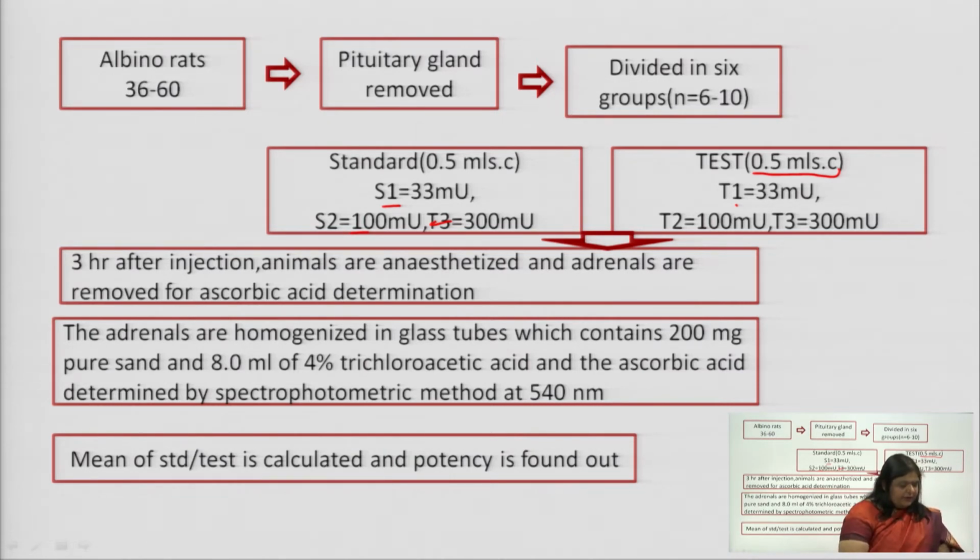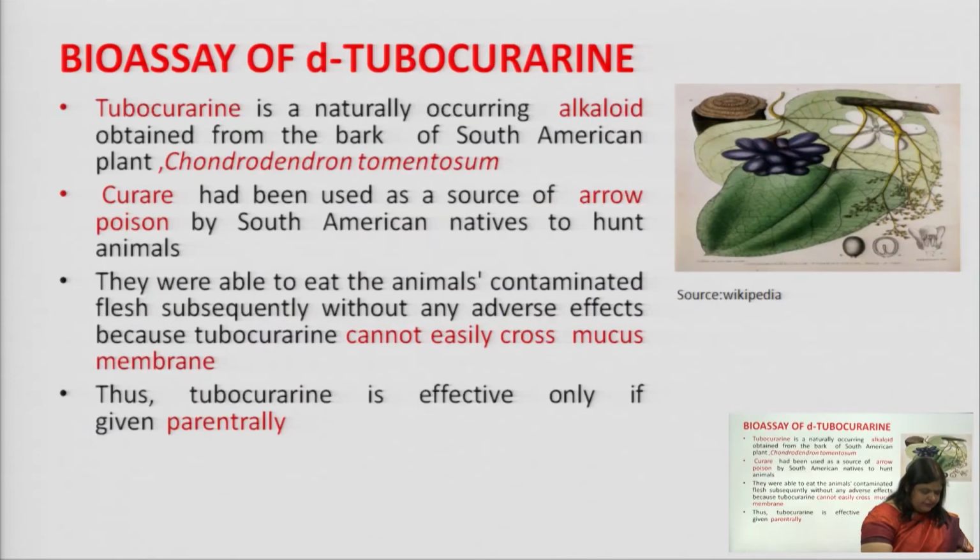And then the mean of the standard and the test is calculated, and the potency of your test sample in comparison to the standard sample is found out. This is how the bioassay of ACTH, that is adrenocorticotropic hormone, is carried out.